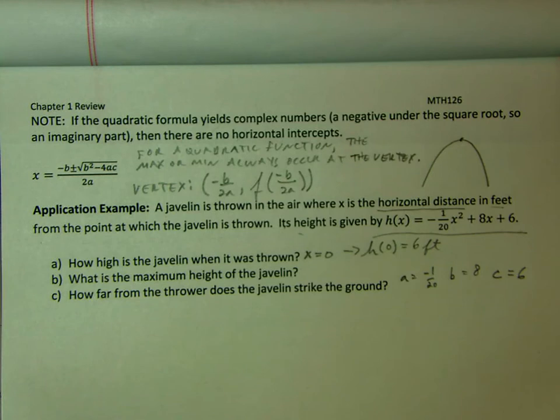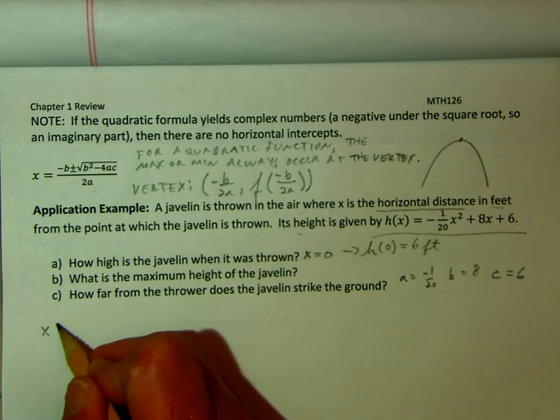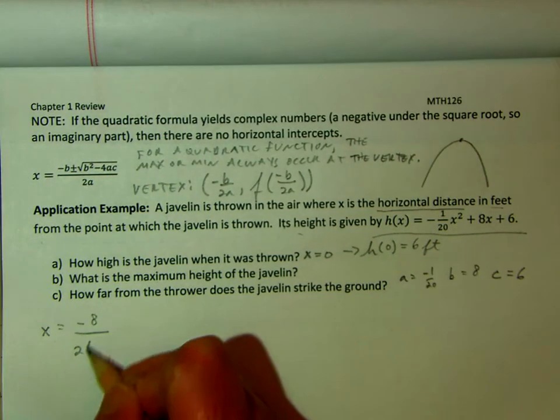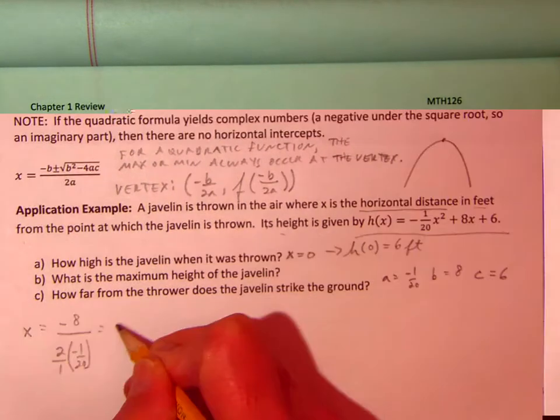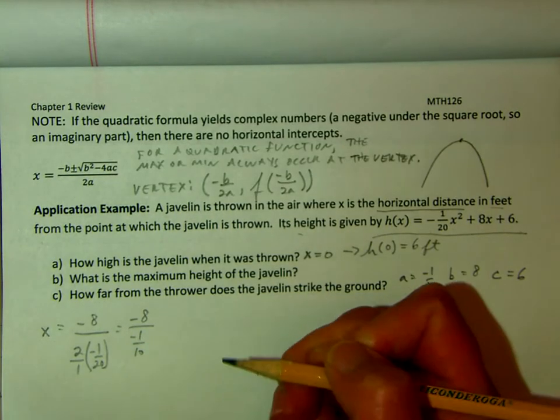So to find the vertex, we're looking for the x-coordinate of the vertex. That would be negative 8 over 2 times negative 1/20th. So negative 8 over negative 1/10.